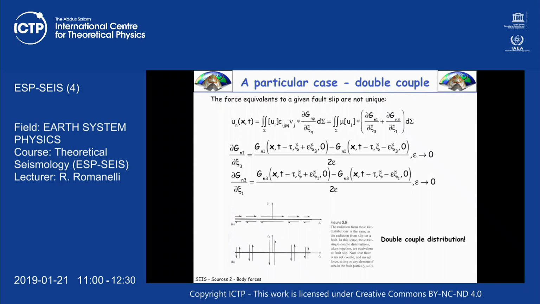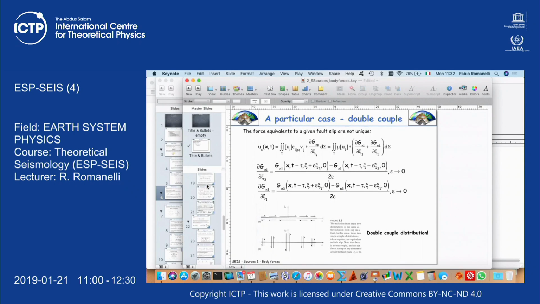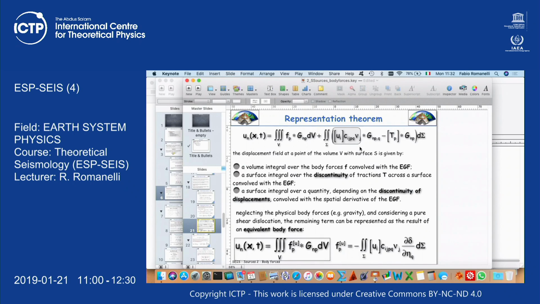let's start from scratch. Let's take the general expression here. That's the representation theorem in the most general version when we have a pure shear dislocation. What does it mean? That we consider that the total real body forces are 0. I know that after the weekend you will not remember it.